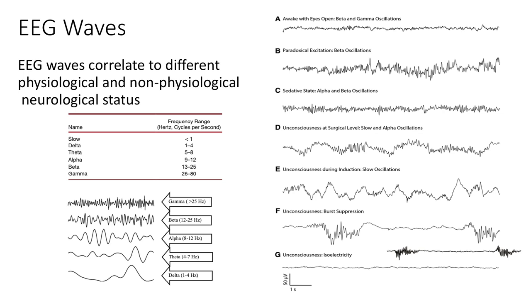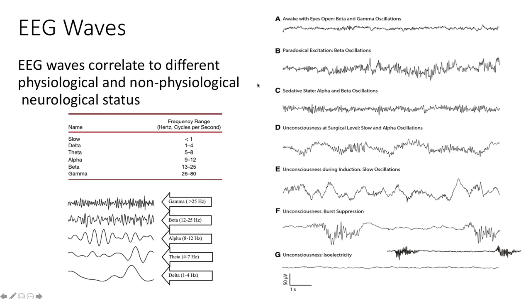EEG waves are described by frequency, from slow, low frequency, increasing through delta, theta, alpha, beta, and gamma oscillations or waves. And that's how they really look in reality. This is a delta wave, theta waves, alpha waves, beta pattern, gamma oscillations.